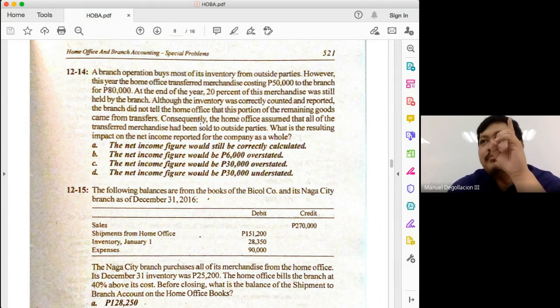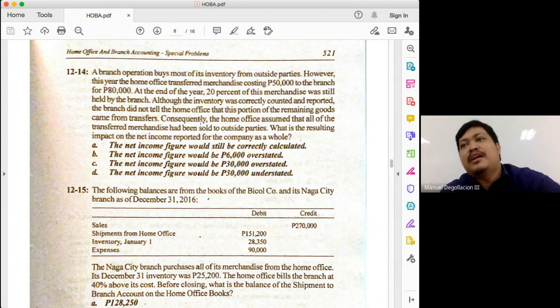How else can that be asked? Possible question would be, how much is the markup on the cost of goods sold of the branch? Again, if in this problem you are asked how much is the markup on the cost of goods sold of the branch, our answer would be 24,000. Third way for the 24,000 to be asked is, how much would be the adjustment to the allowance account at the end of the year?